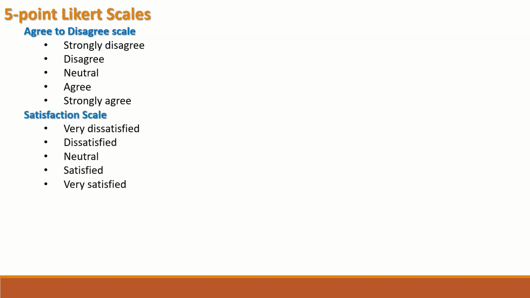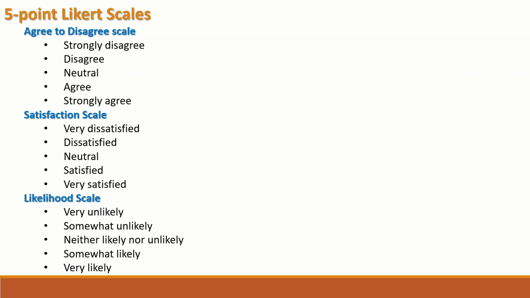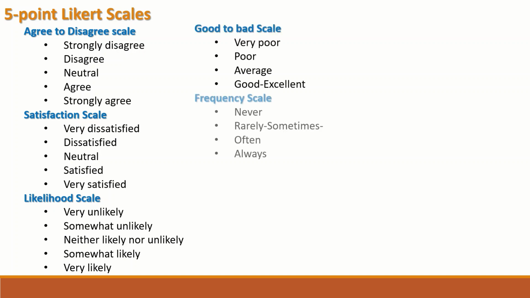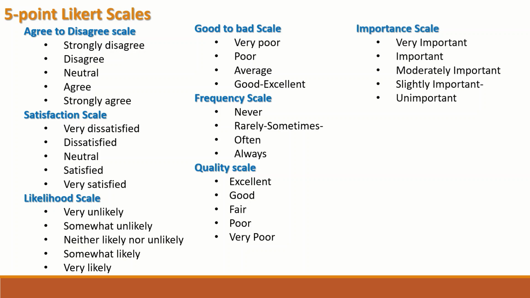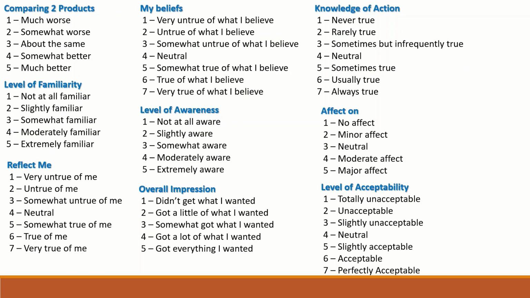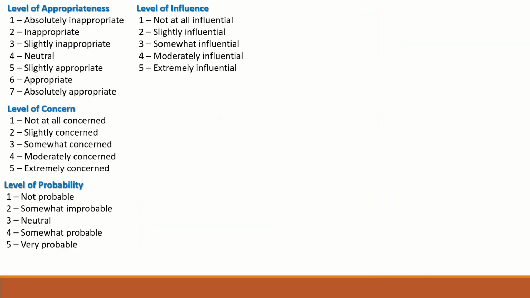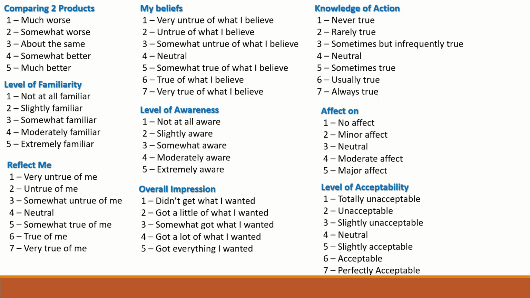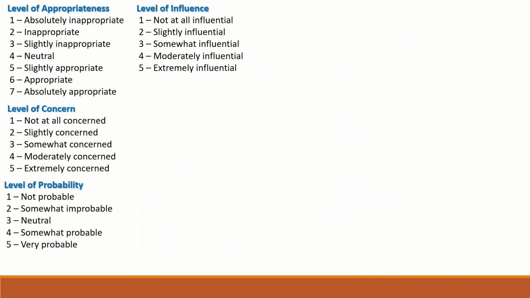I'm going to give some examples of these scales: satisfactory scale, likelihood scale, good to bad scale, frequency scale, quality scale, importance scale, difficulty scale, comparing two products scale, level of familiarity, method, my belief, level of awareness, overall impression, knowledge of action, level of acceptability, level of appropriateness, level of concern, level of probability, level of influence.